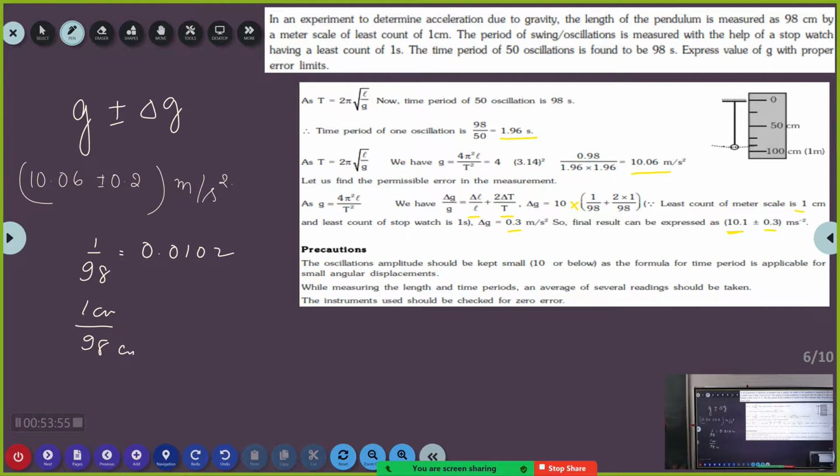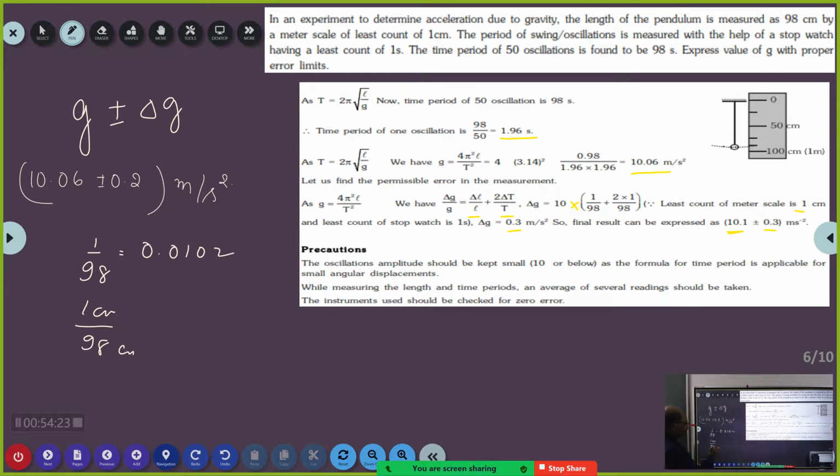So if you are using a centimeter scale, so 1 centimeter, then come on, now I am bringing you closer to the answer. And the answer is in meters per second square. You watch out.